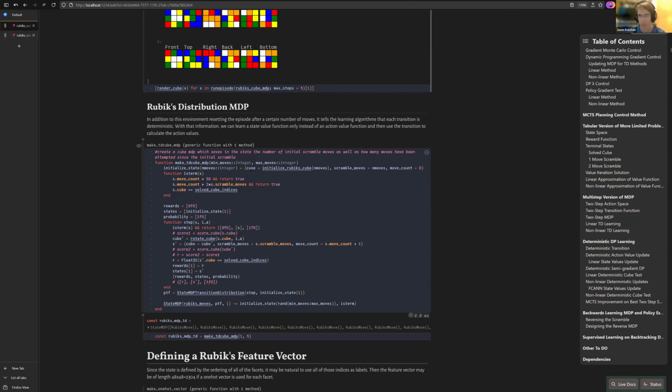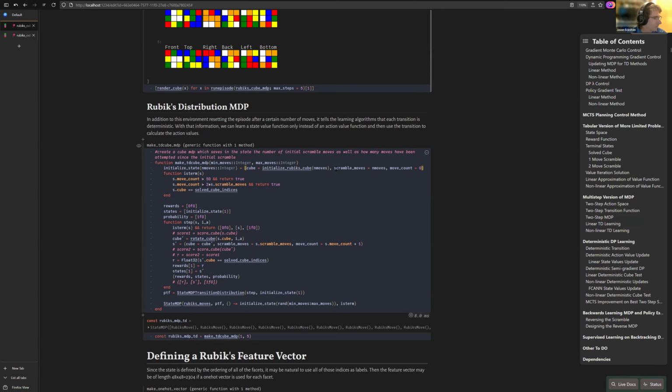When I initialize a problem, first I initialize the cube, scrambling it however many moves, and now I'm going to save that as part of the state. So if I look at the state, I know when this episode started how many moves it started out with. And I'm also going to save the move count, which is how many moves it's gone so far.